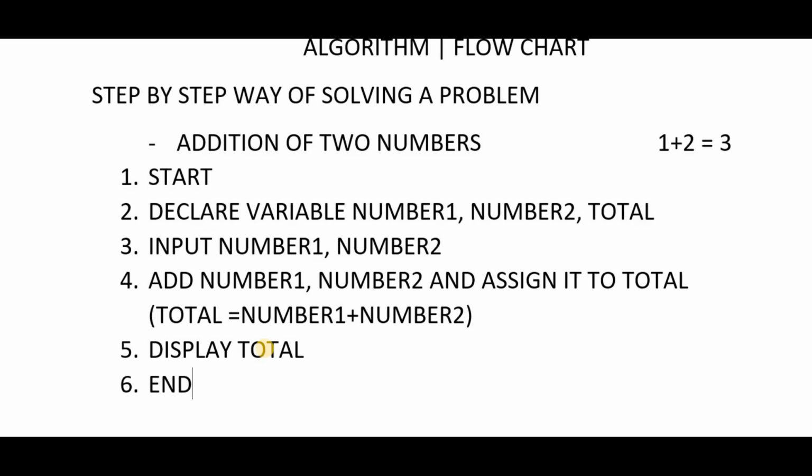You add number 1, you add number 2, and assign it to your variable total. So the operation shows that total equals number 1 plus number 2, and you display your total. After making sure your process is done, you display the total and you end the program. Right now you are done.